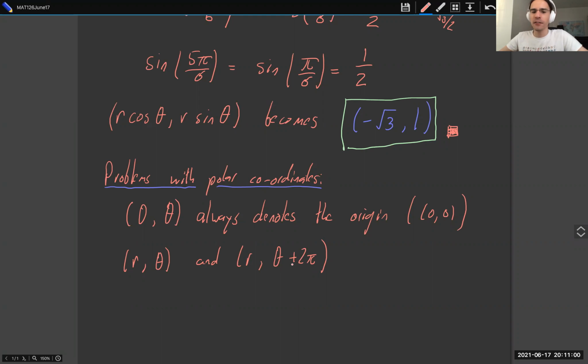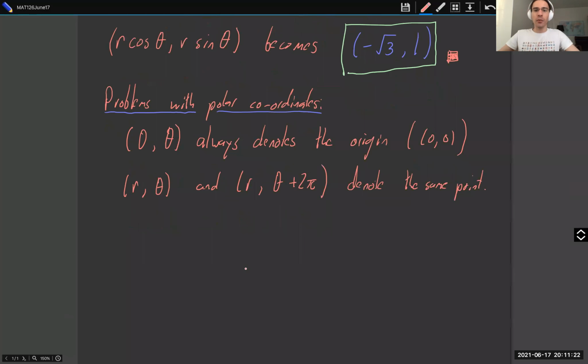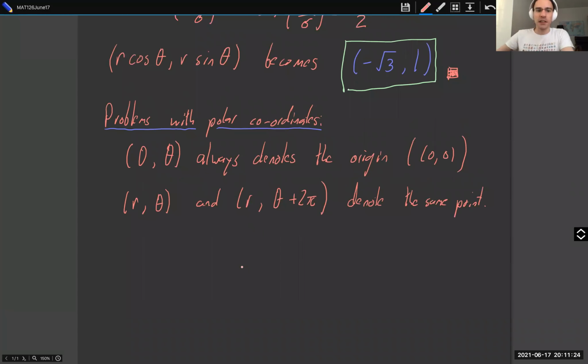Is it the same ray? Yes. So these two things denote the same point. And that's not it. We have one more degeneracy.